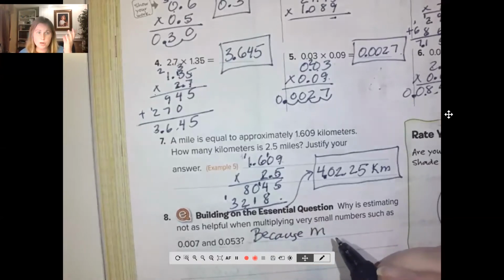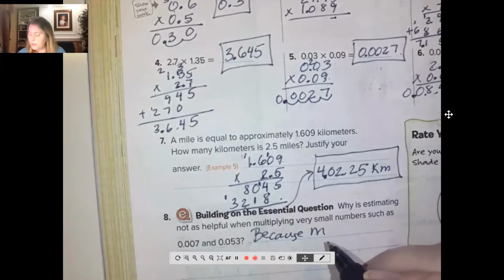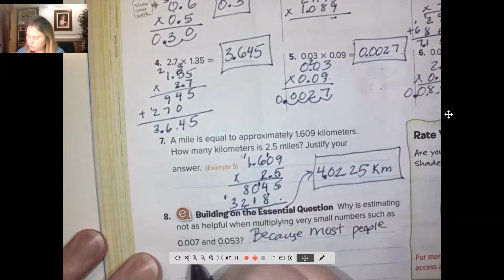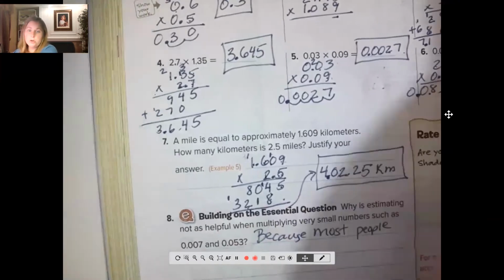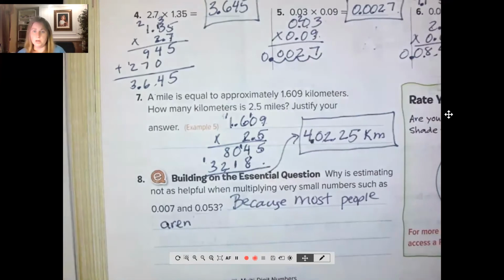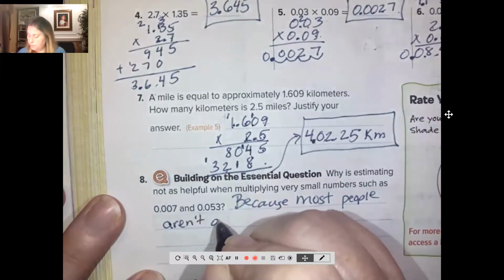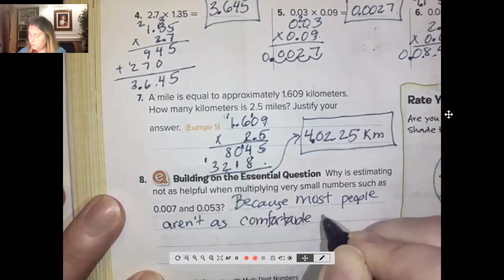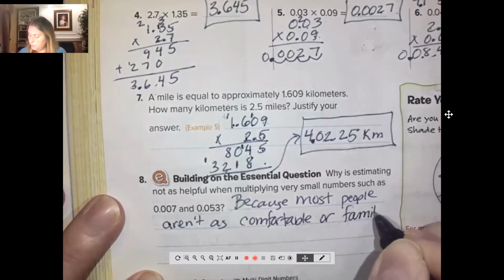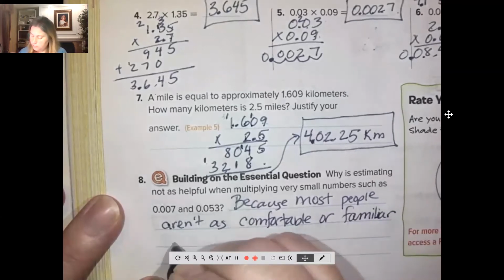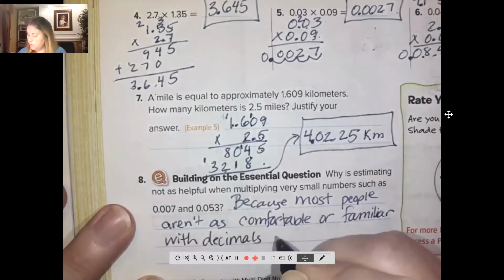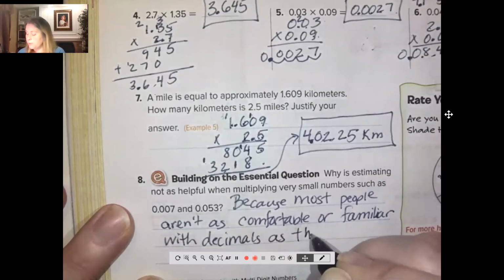That's not something you have a point of reference for, where you can just imagine it in your mind very easily, because most people aren't as comfortable or familiar with decimals as they are with whole numbers. And you can put that into your own words.